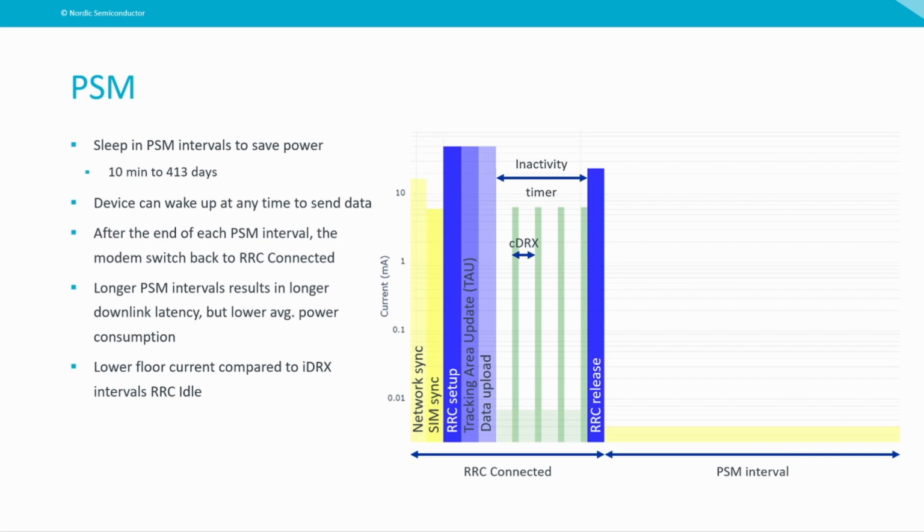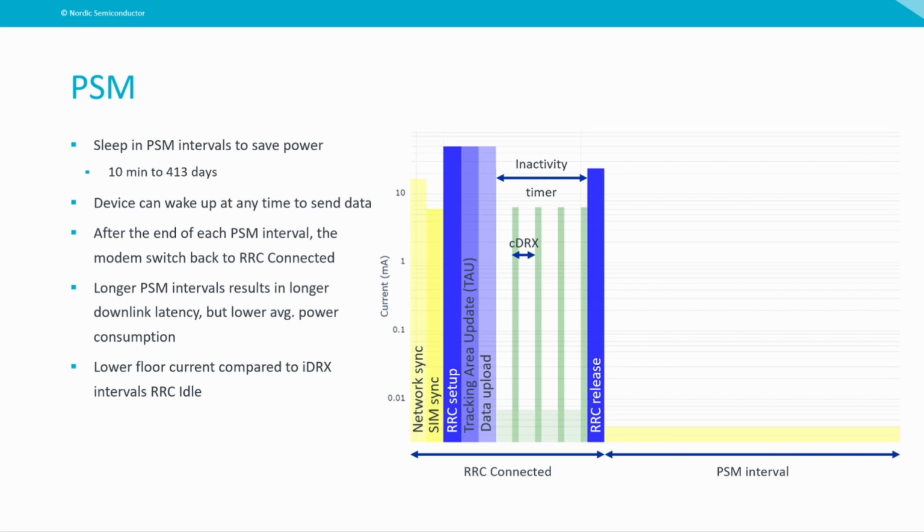So if you are in a PSM interval and have some alarm going on from a sensor or whatever, you can wake up directly up to RC connected mode again and send this data to your server. After the end of each PSM interval, the modem needs to switch back to RC connected mode and send its tracking area update, including the data upload if you want to.